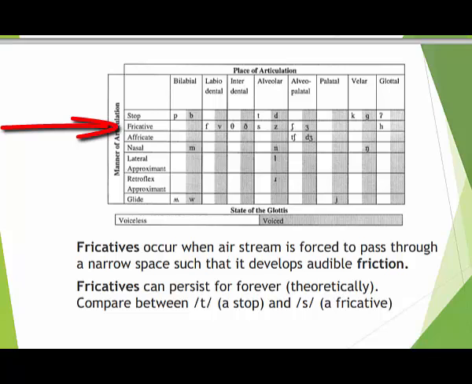Fricatives, as you can see here on the chart, are when the airstream is forced to pass through a fairly narrow space such that it develops an audible friction, right? So it's a fricative. These, unlike stops, can persist forever, at least theoretically, until you run out of breath. So compare t, a stop, with s, which is a fricative.